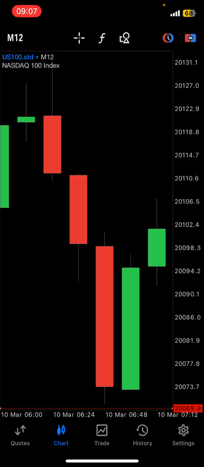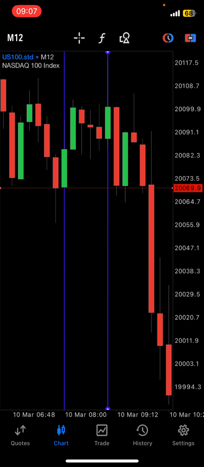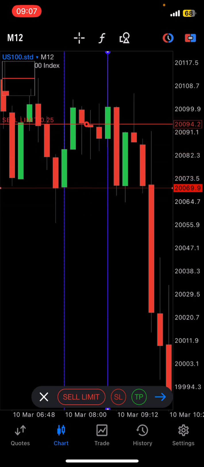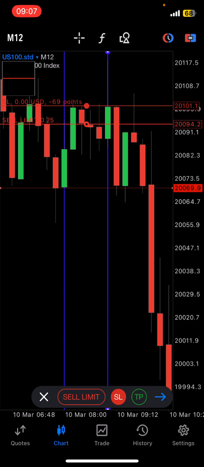So let's go to the lower time frame. Where are we? We got our sell signal on the third candle right there. So we sell here. We put our stop loss right there. And then we get stopped out.